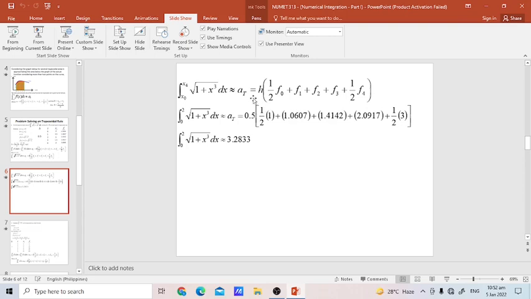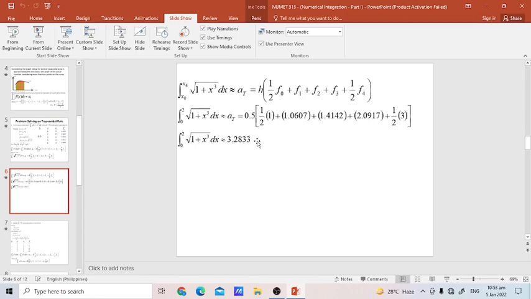So if we have n equals 4, so if we have, let's say, n equals 10, it goes nearer and nearer to the exact value of the integral. So this is expected because n is equal to 4 only. But if n equals 100, for example, we can see that the approximation is very near to the exact value.